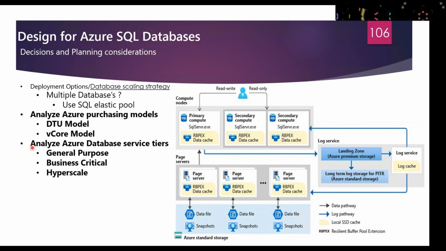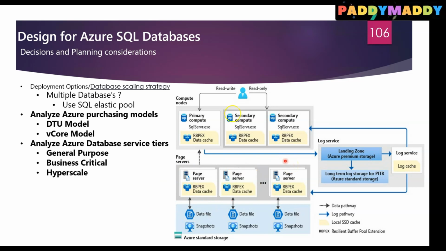The image here illustrates the different types of nodes that you have: compute nodes and page servers, a storage account, and a log service where the logs are stored, and you also have the data cache for better performance, based on SSD.